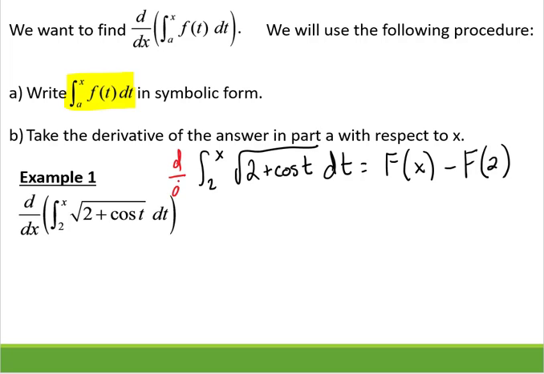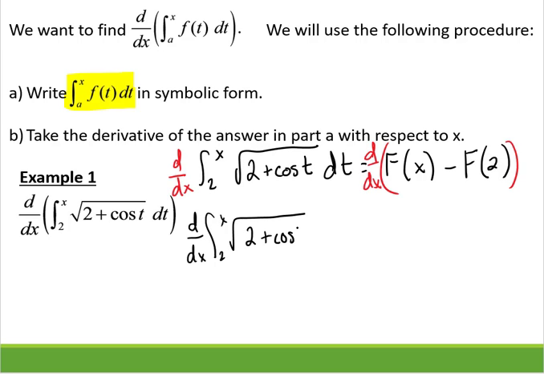So now what I have is the derivative of this craziness here that I don't know how to take the derivative of, but I can say that this is now equal to the derivative of this function.